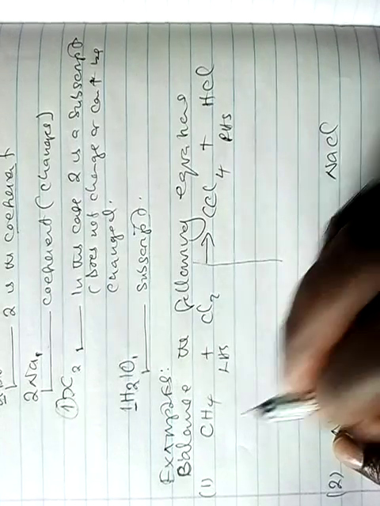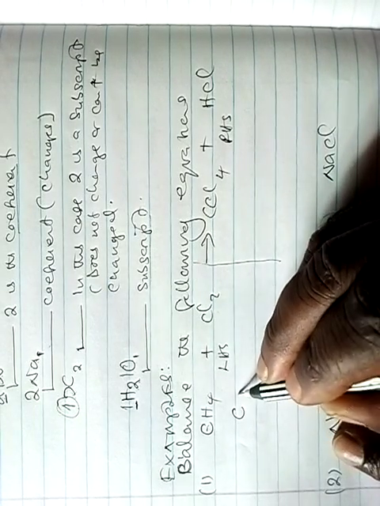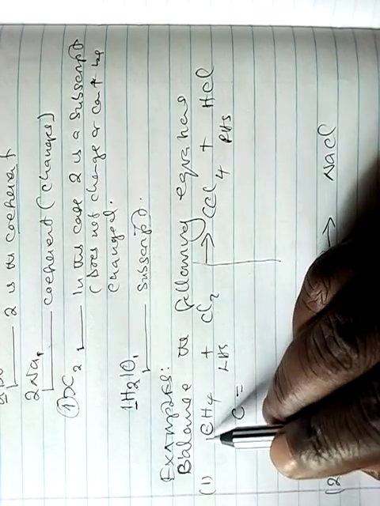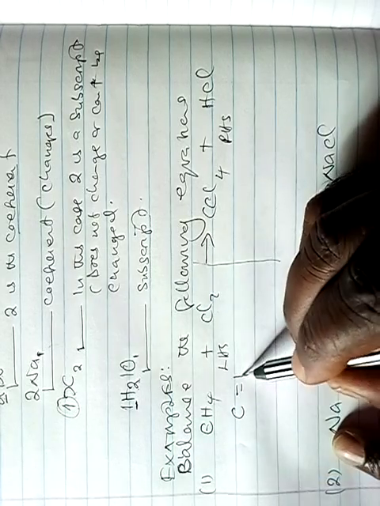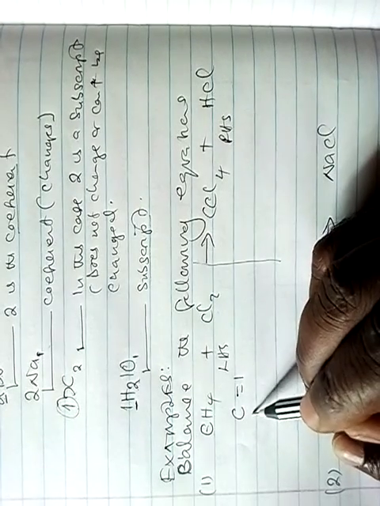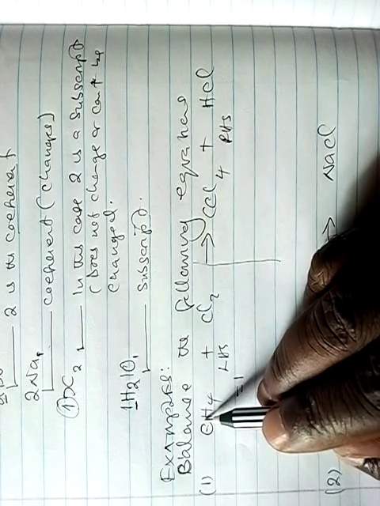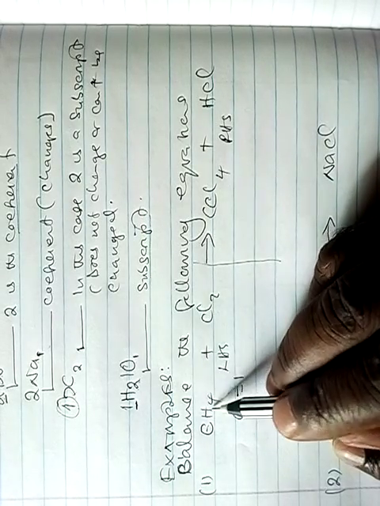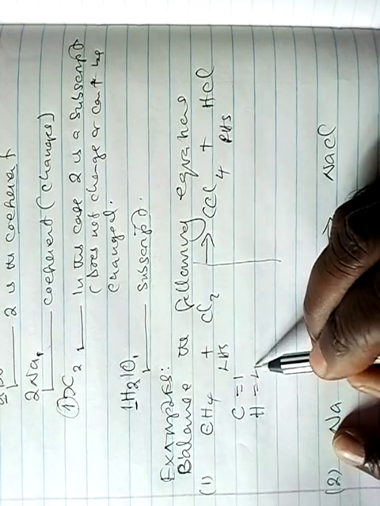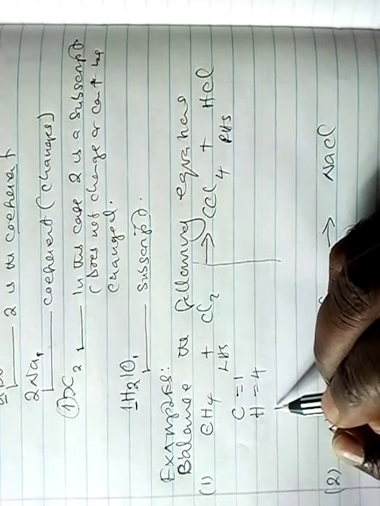So we start with carbon. How many carbon atoms do we have here? We have a coefficient 1 here, so we have 1. Then we have hydrogen. The coefficient here is 1, 1 times 4, so we have 4 hydrogen atoms from the subscript. Then chlorine.